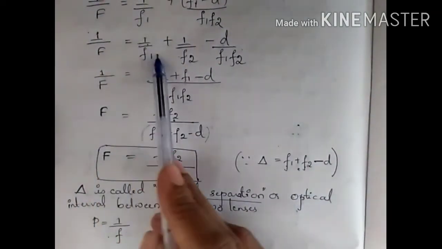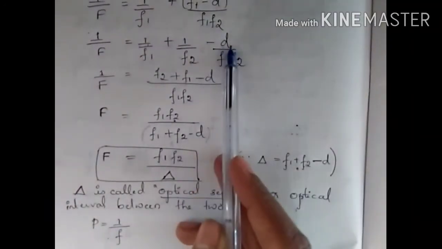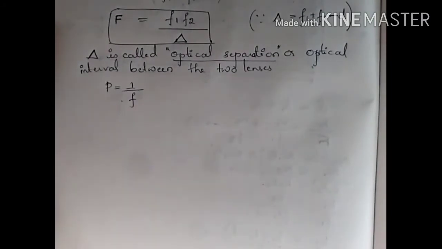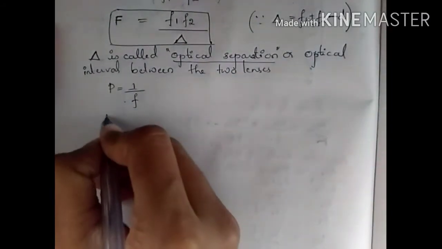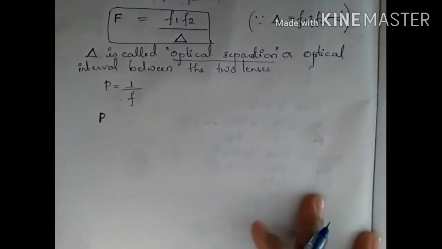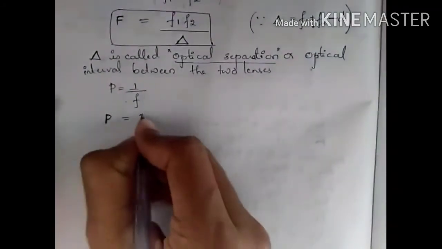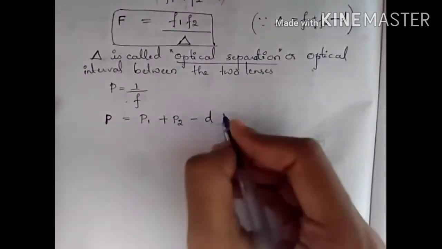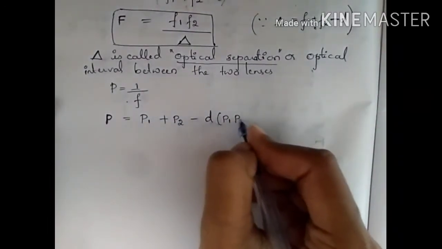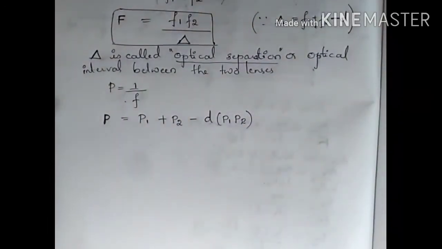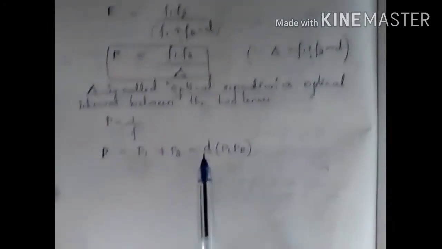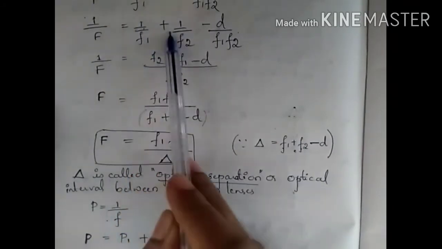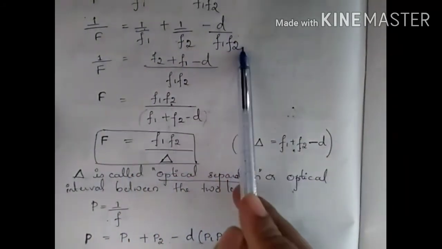So P is equal to P1 plus P2 minus d P1 P2. The power for the combination of two lenses, the effective power, is equal to P1 plus P2 minus the separation distance d multiplied by P1 P2. So how did we write this? Here is the equation: 1 by f is equal to 1 by f1 plus 1 by f2 minus d divided by f1 f2.